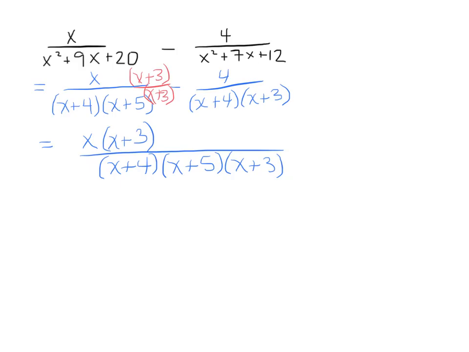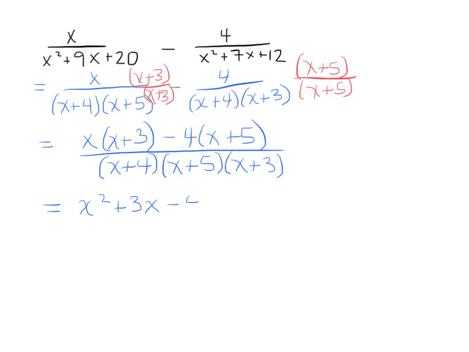And the second one I have to multiply by x plus 5 over x plus 5. So that's going to look like minus 4 times x plus 5. And then expand the numerator. That'll become x squared plus 3x minus 4x minus 20.